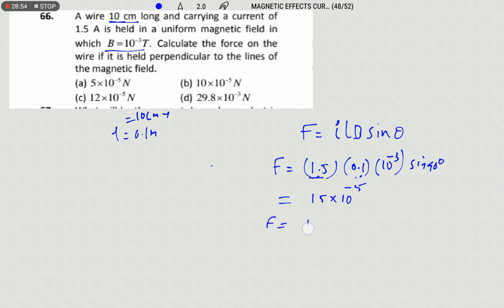So the answer is 15 into 10 power of minus 5 Newton. So the options are not matching here, so the answer will be this alone. So here you can make the correction: in option A, you can change it to 15 into 10 power of minus 5 Newton. Okay, so these are some numericals and conceptual questions based on the magnetic effects of current.